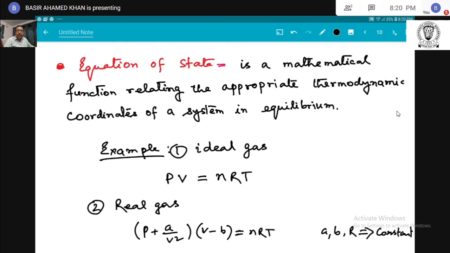So this is an example of equation of state.